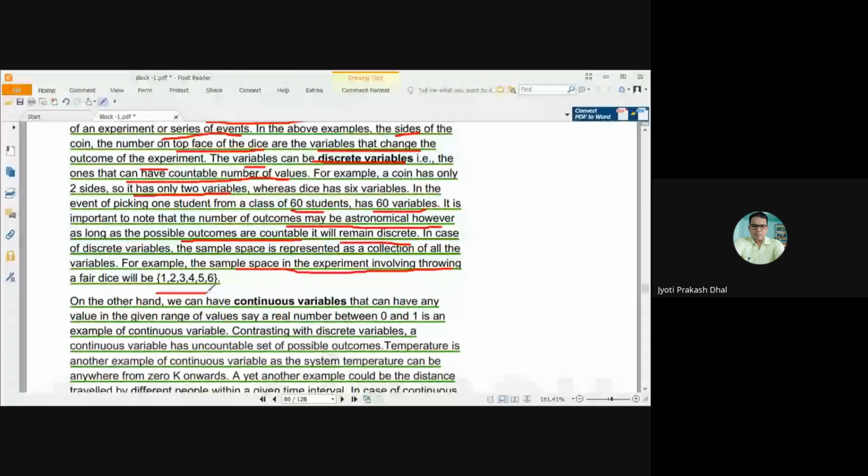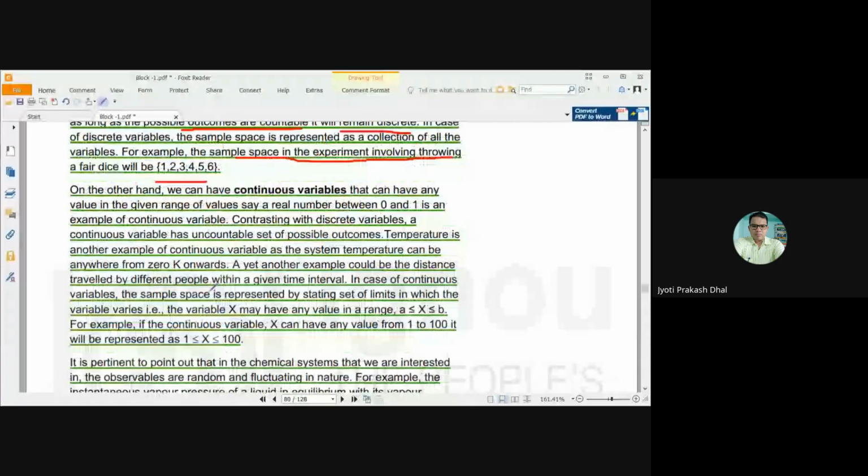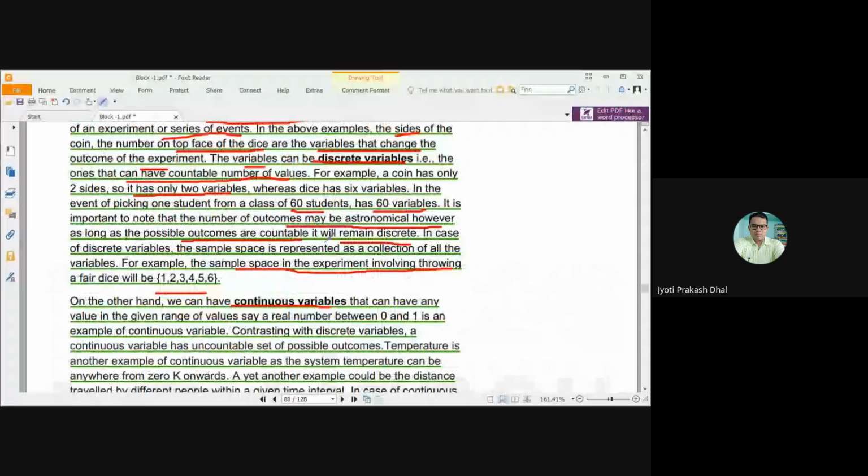On the other hand, we can have a continuous variable. So here we have discussed the discrete variable, that means a variable with a countable number of values.